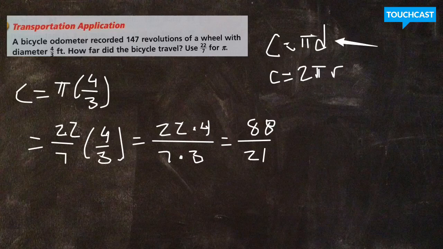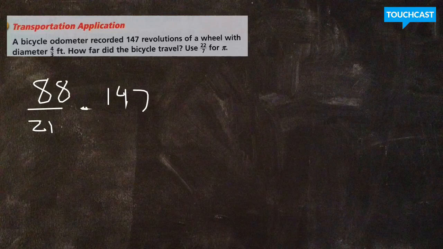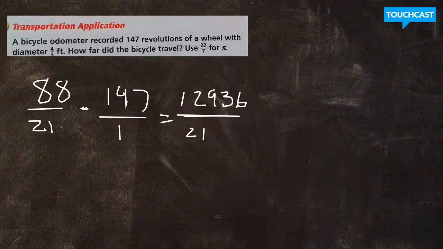But we know that the wheel went around 147 times. So we're going to take our 88/21 and multiply it by 147. Now we can write 147 as 147/1. Now let's do some multiplication. 88 times 147. So that's 12,936 divided by 21.